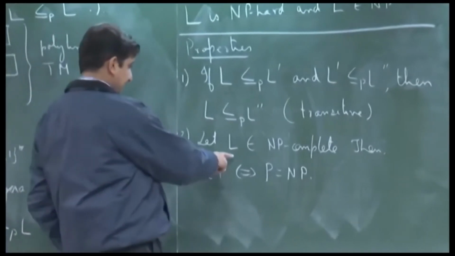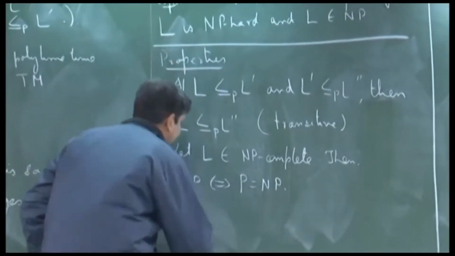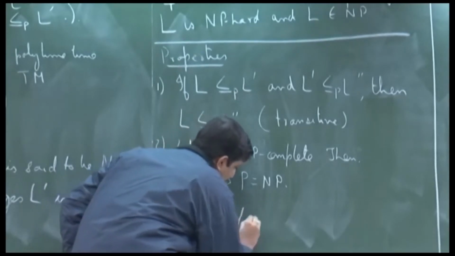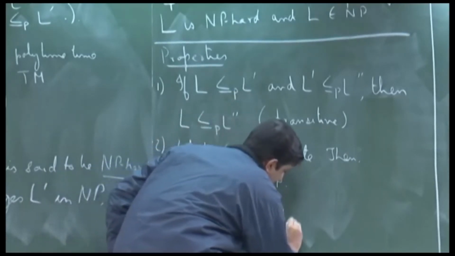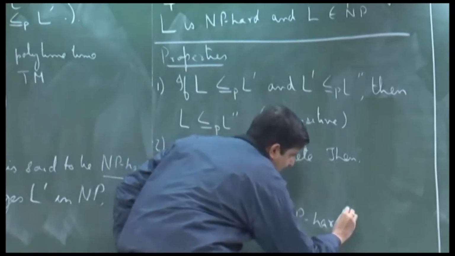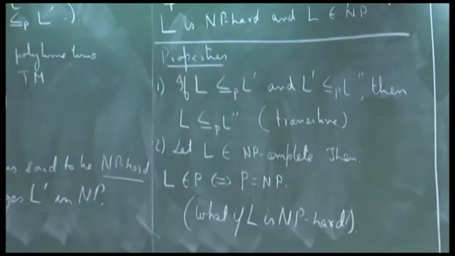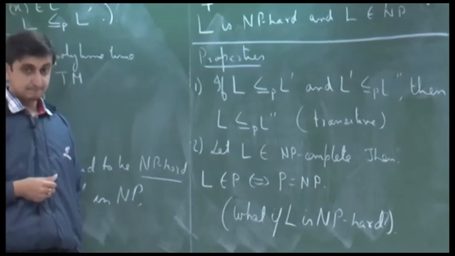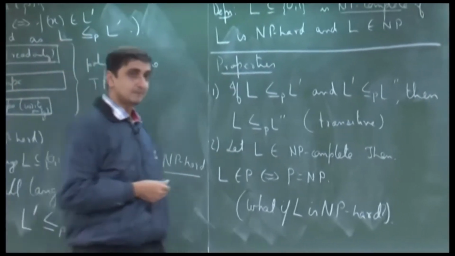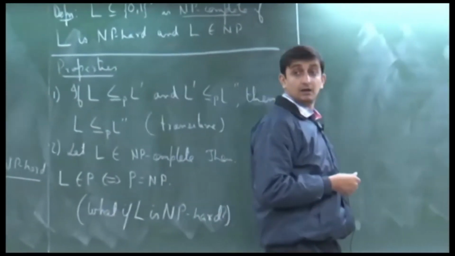So, what if we assume L to be NP hard here? Can we make the same statement? Can we still have the same conclusion? Why not?